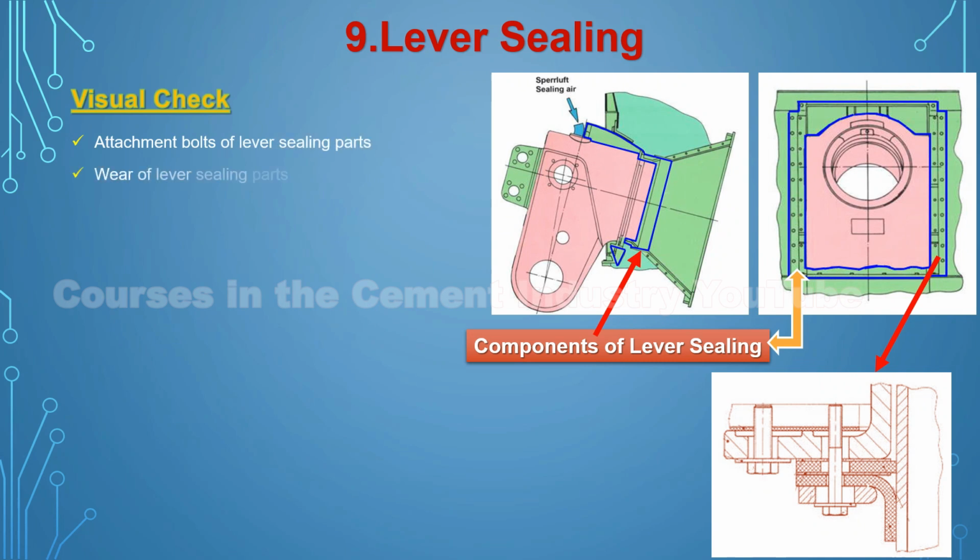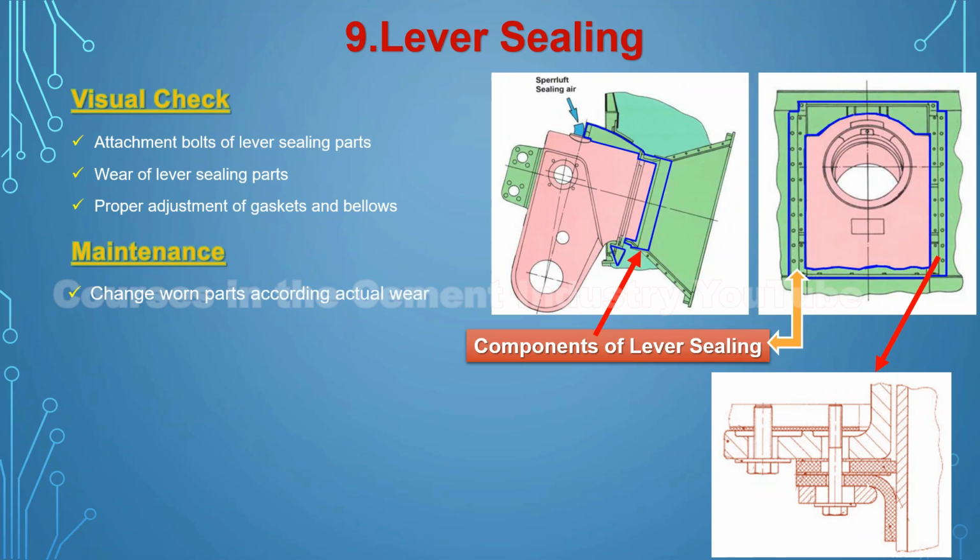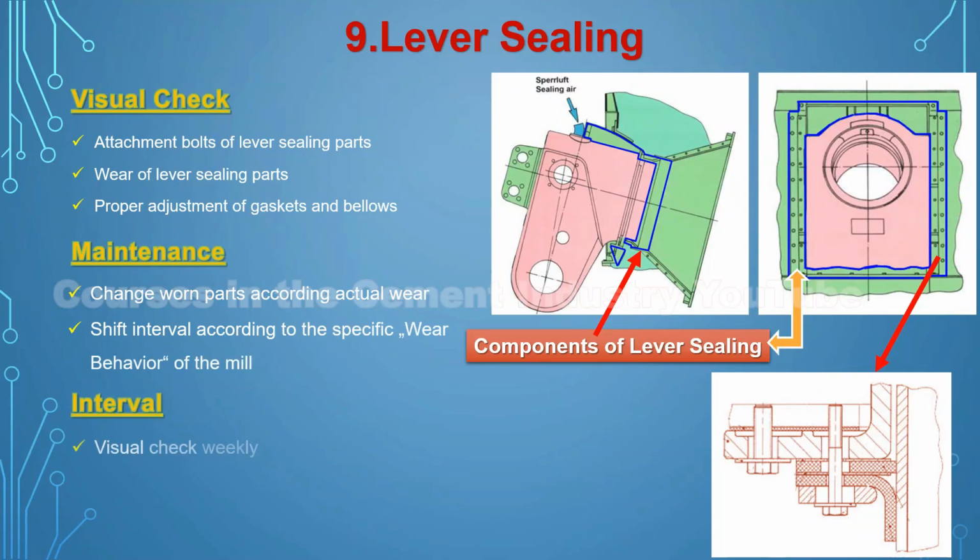Wear of lever sealing parts. 3. Proper adjustment of gaskets and bellows. Maintenance. 1. Change worn parts according to actual wear. 2. Shift interval according to the specific wear behavior of the mill. Interval. Visual check weekly.